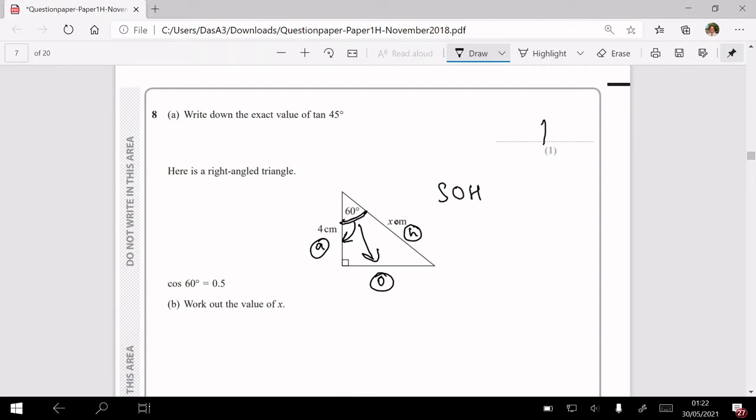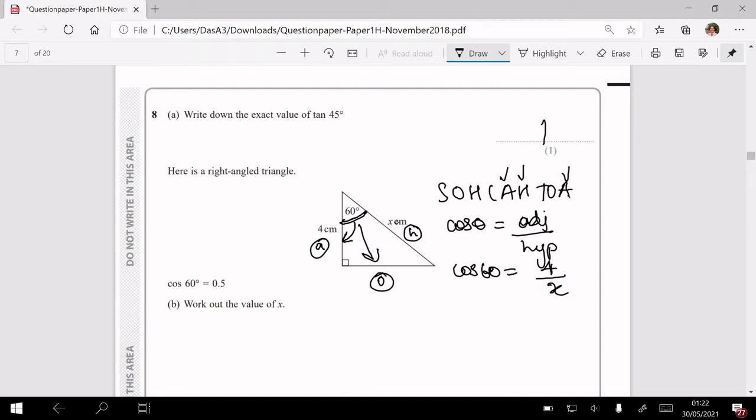Then you write down the acronym and tick off the side you have, which is adjacent, and the side you need, which is hypotenuse, which means the equation you need to use is cos theta is equal to adjacent over hypotenuse. And you know that theta is equal to 60, so you put that in, and you know adjacent is equal to 4 and hypotenuse is x.